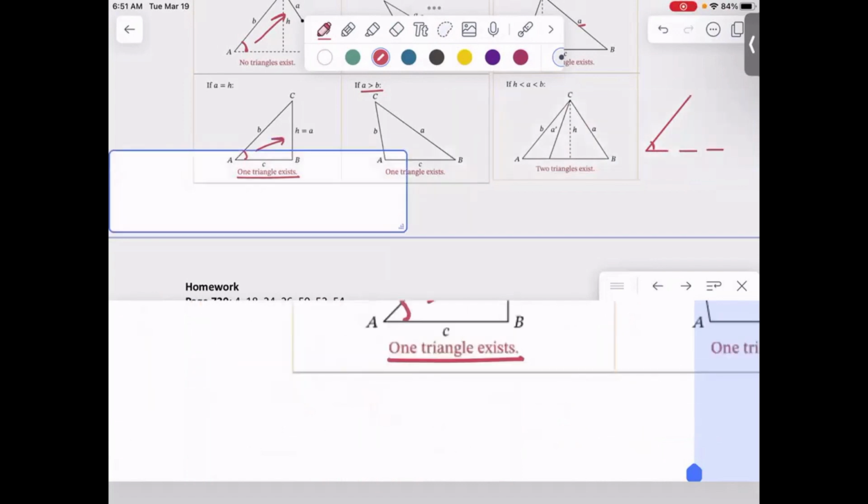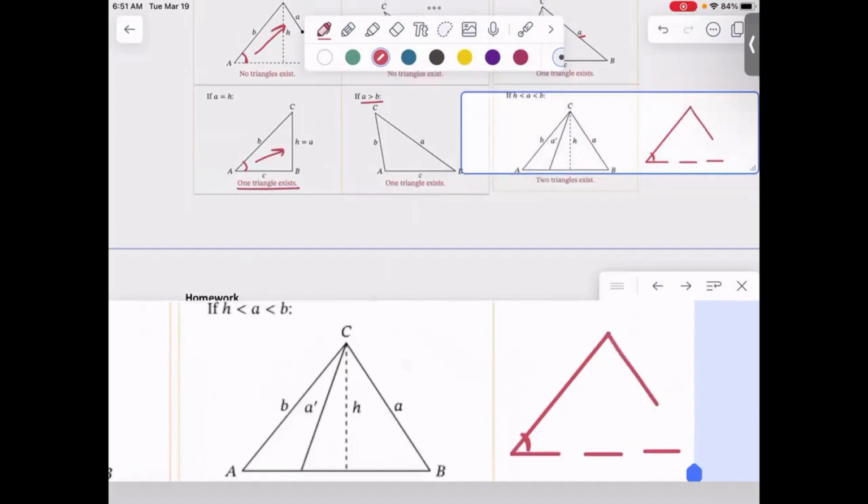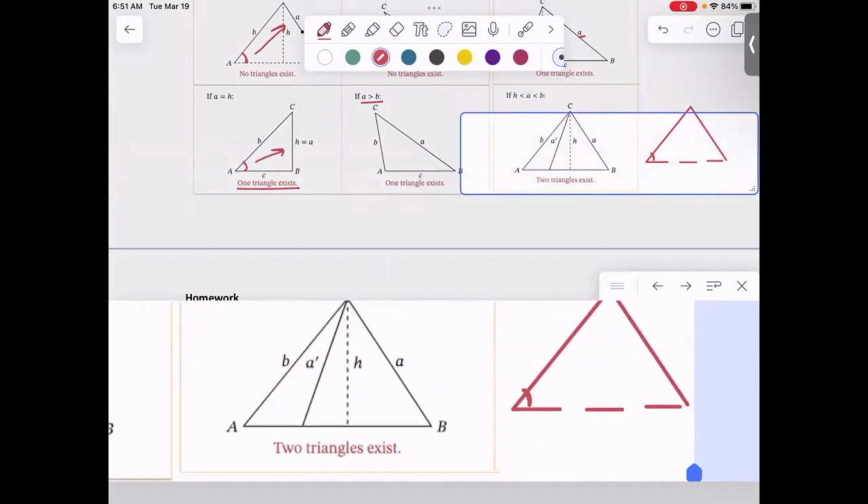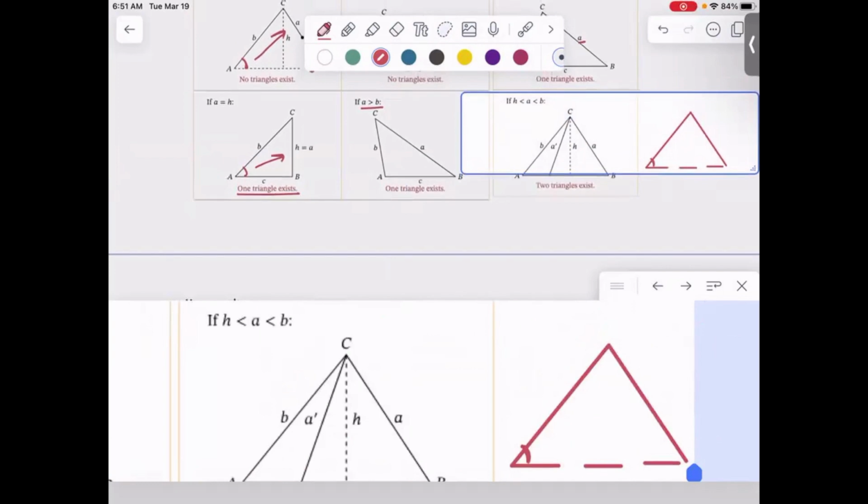So let's say A is roughly this size. A could be this size here, but that length, I could just rotate it, which I don't have a way to rotate on this iPad, and it's the same length here. So if this is the same length as this, we can see I can make two different triangles.